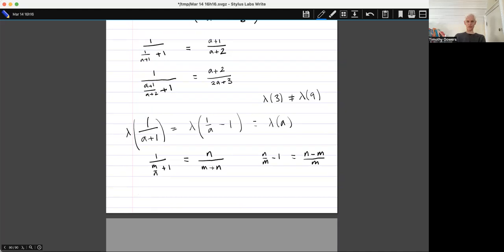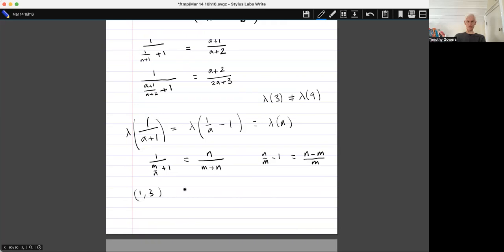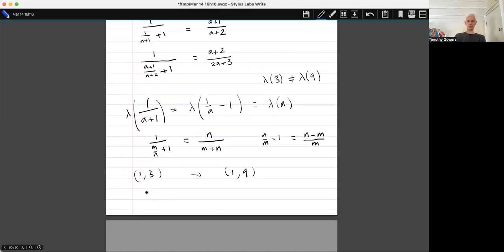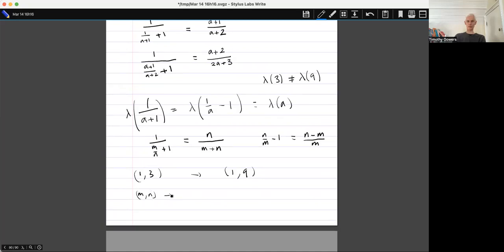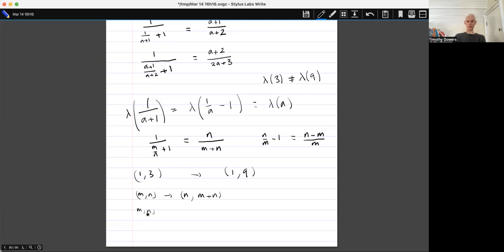So I can ask, can I get from 1, 3 to 1, 9 if I'm allowed to use operations of the form m, n goes to n, m plus n, or m, n goes to n minus m, m.